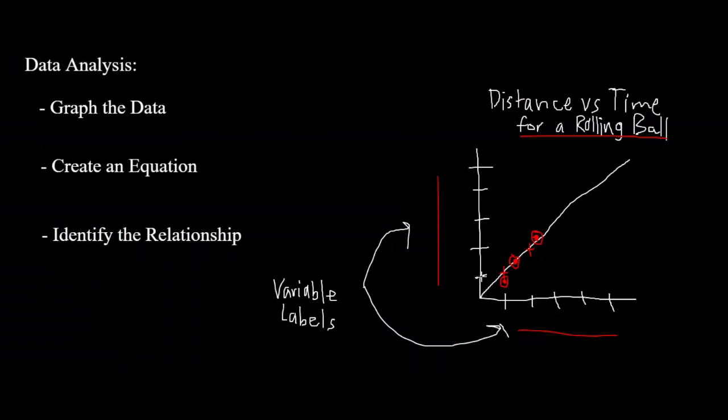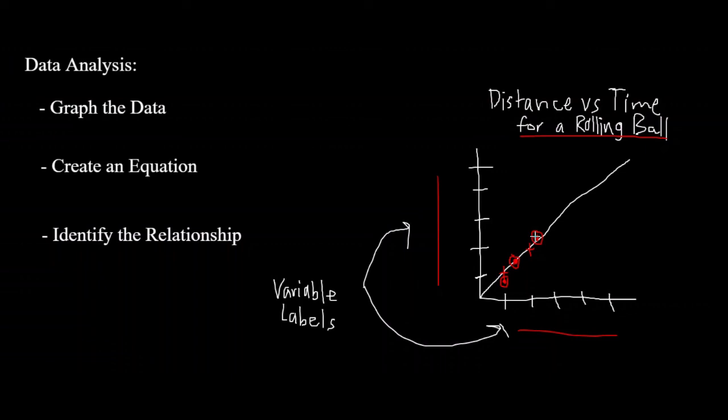And the next part of this will be creating an equation. When you create an equation, you do not want to use values that you have in your data table. You want to use values that are on your line of best fit. And that is why I have these little plus signs here. Those are used to signify values that I used for my equation.